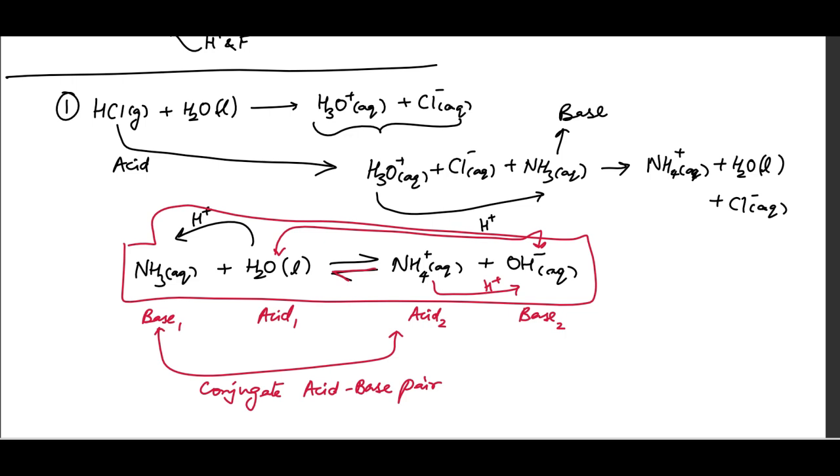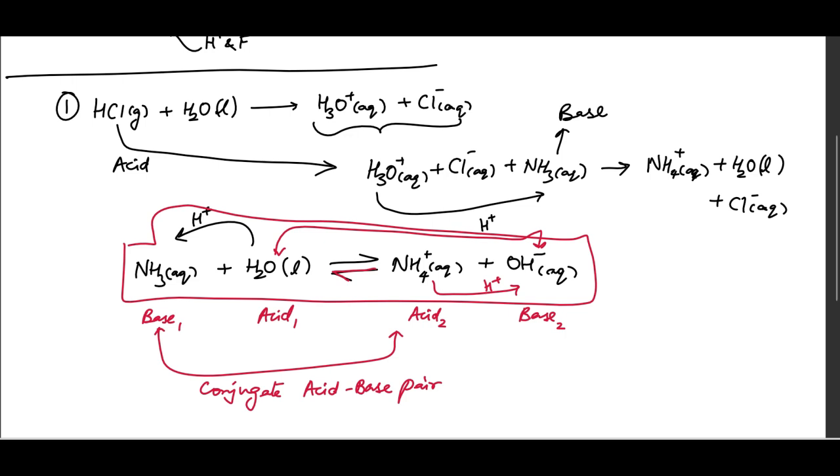The conjugate base of H2O is OH minus. What is the conjugate acid of OH minus? H2O. Similarly, what is the conjugate acid of NH3? NH4 plus. What is the conjugate base of NH4 plus? NH3.